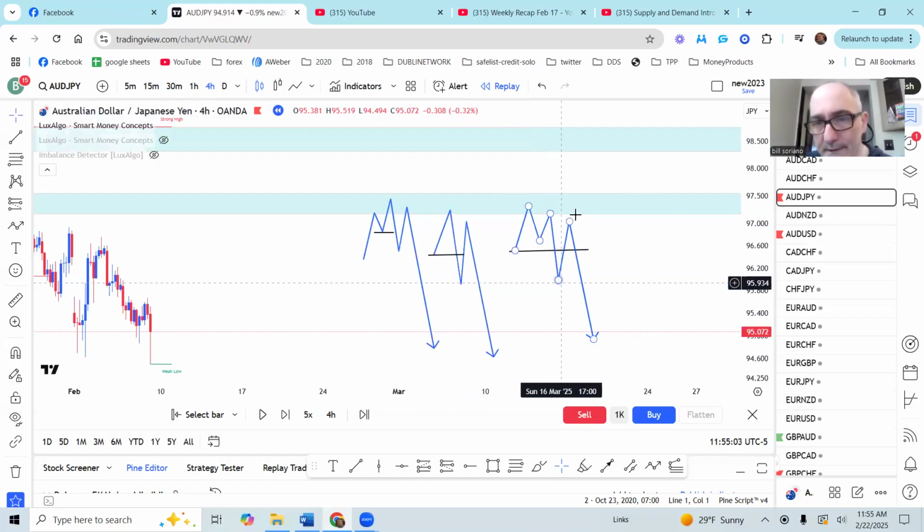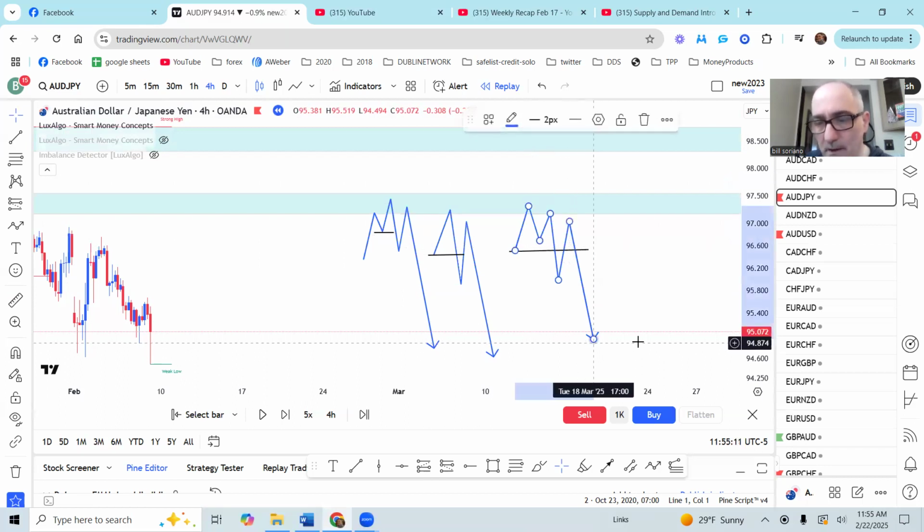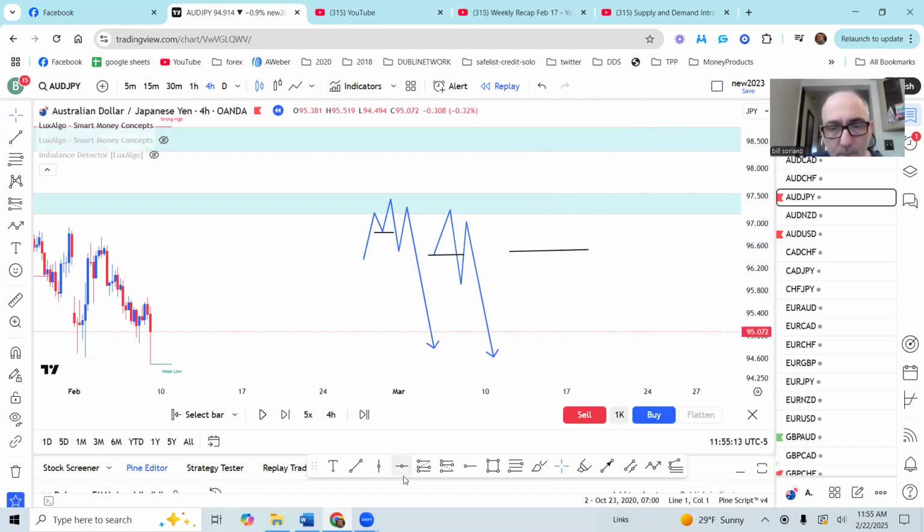It does get broken, and then you could get your refined zone right here. What may happen sometimes with that though is it may come up into the zone, come down, go back like that, then come down here, break structure of this, but that's not really a valid change of character.